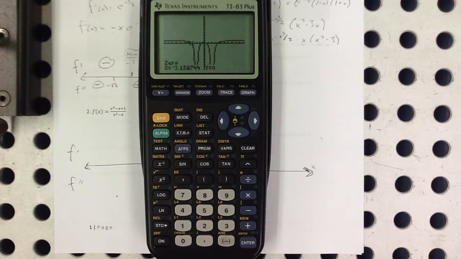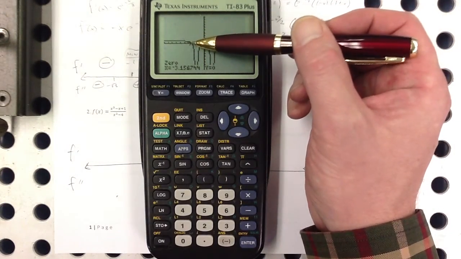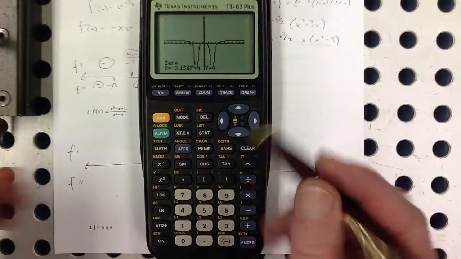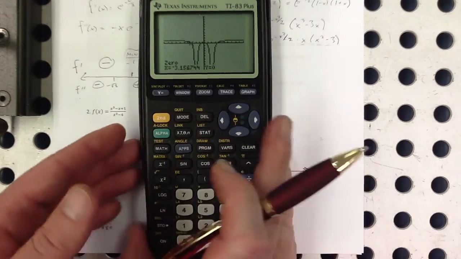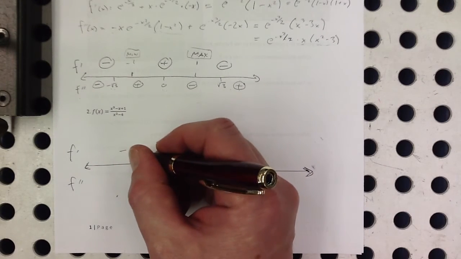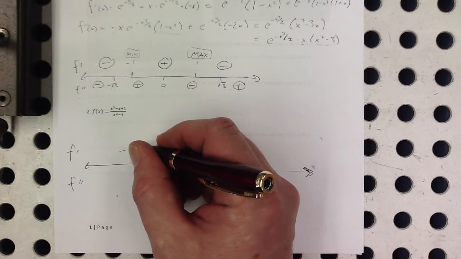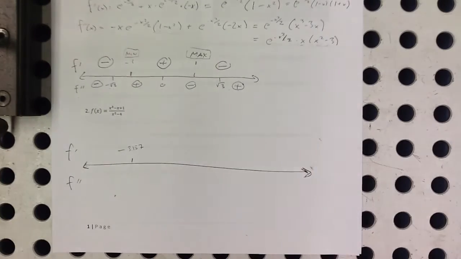Oh, but it still found it, look at that. Good job, calculator. You can see the cursor shows up there. So that's at -3.157. College Board wants 3 decimal places. -3.157. Right?